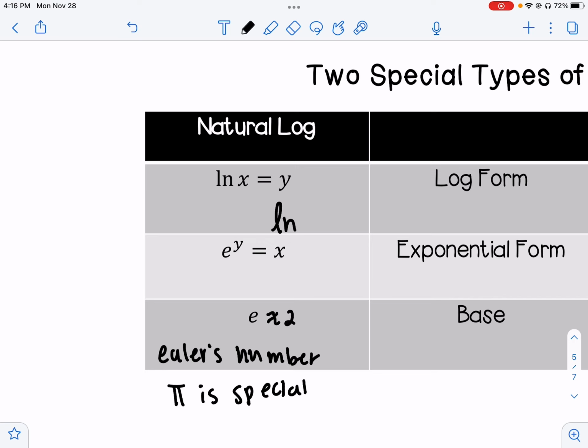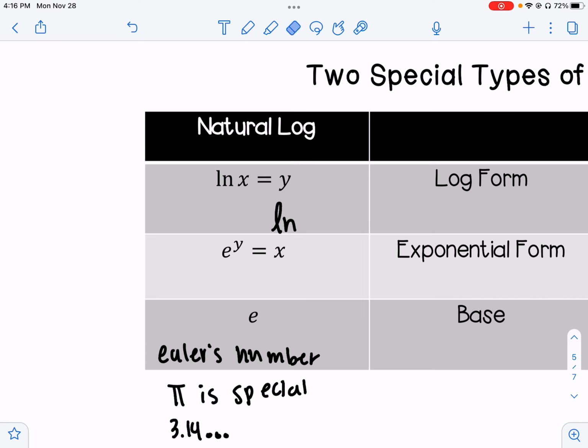And that number is approximately 2.7. Just like we represent pi as 3.14, we know that is an irrational number that goes on, so does Euler's number, but we're going to leave it here at 2.7. In fact, you don't even need to know that because in reality, we're always just going to leave it as E, but I'd like you to know that it does represent a very specific number.